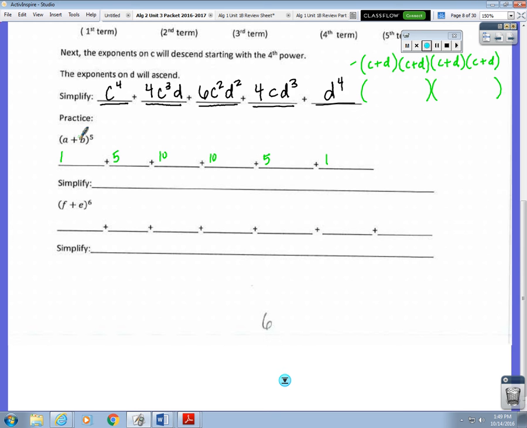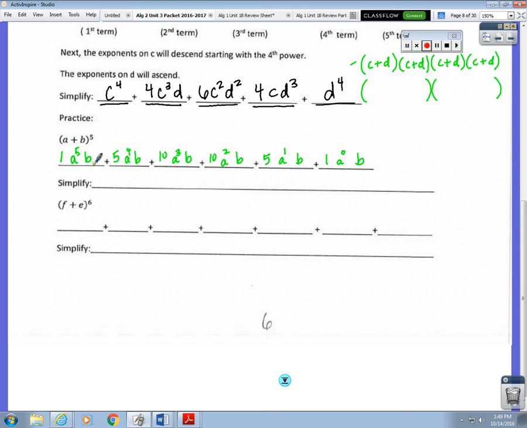Since A is added to B, you're going to bring down an A and a B in each one. A is first, so it gets to start out being raised to the fifth power. But then it descends. It goes to the fourth power, third power, second power, first power, 0 power.